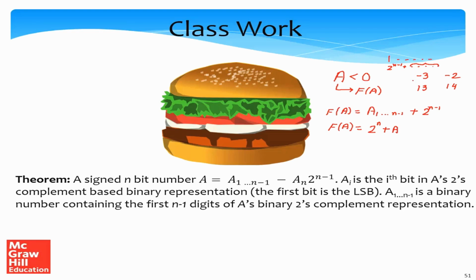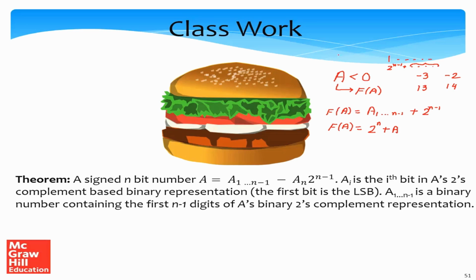When we want to find the 2's complement representation of minus 3, we add 16 to it, right? When we add 16 to it, we get plus 13, which is its representation. Similarly, when we want to find the 2's complement representation of minus 2, we also add 16 to it in a 4-bit system to get plus 14.